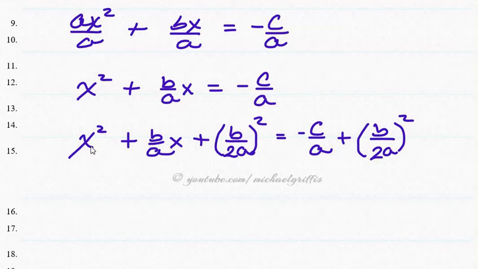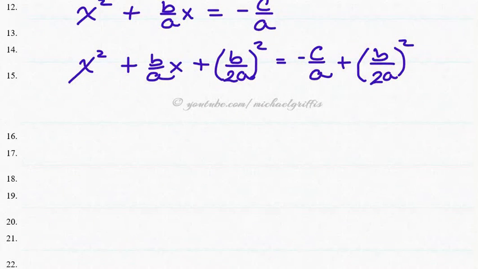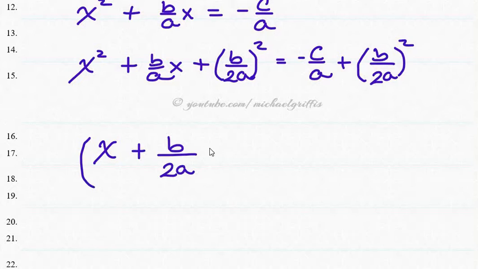We can take this and rewrite it. You could think of this as being K and then K squared. But this can actually be rewritten as X plus B over 2A, quantity squared. That's going to be this side right here.